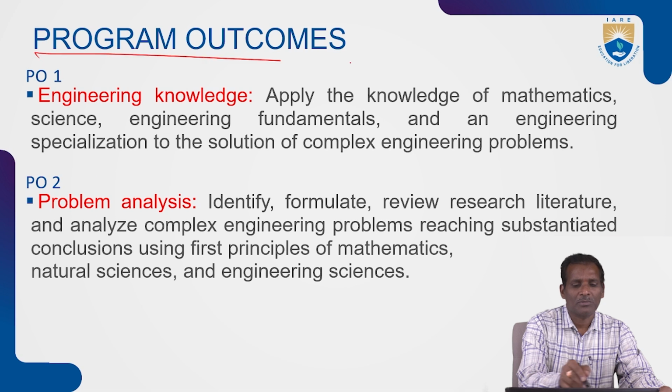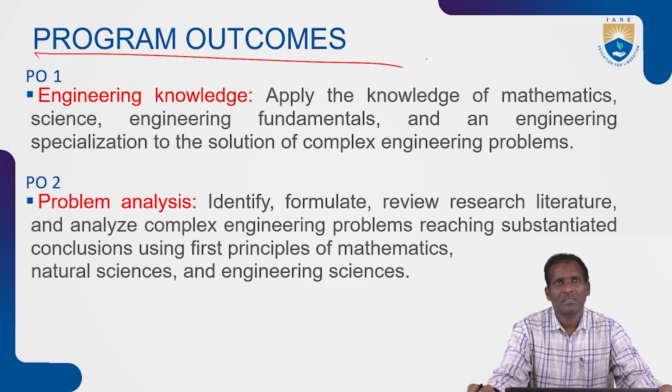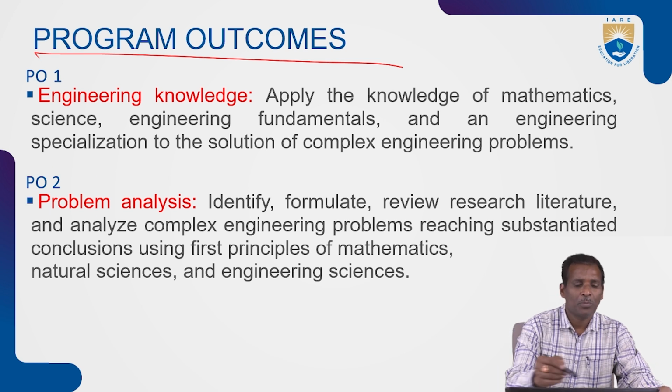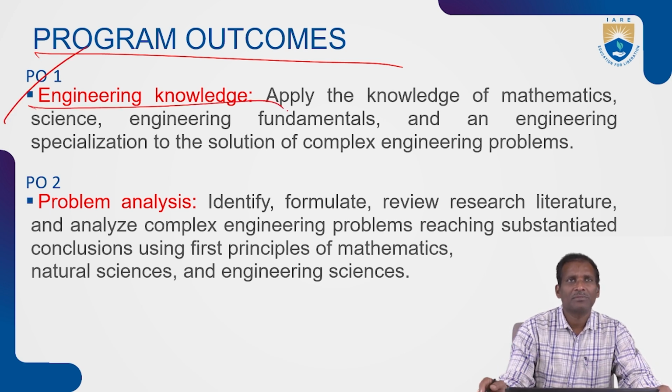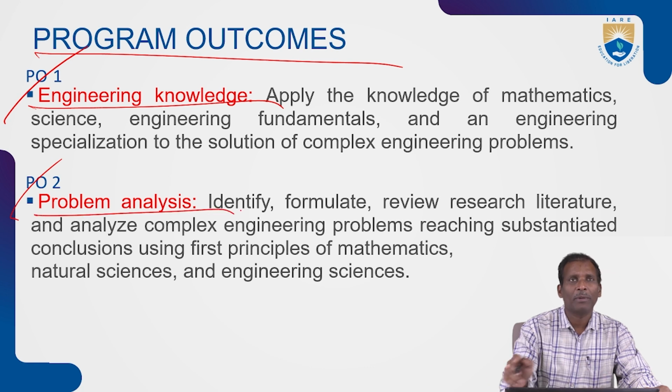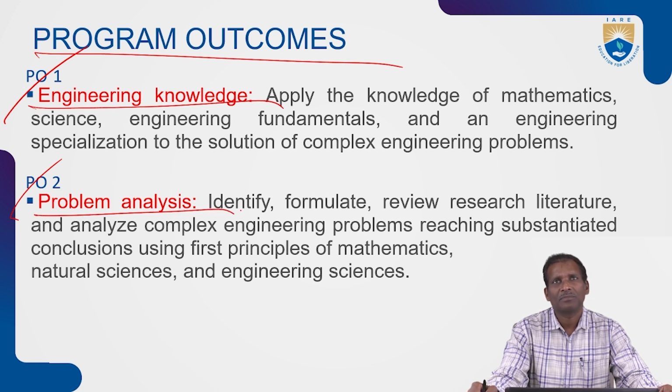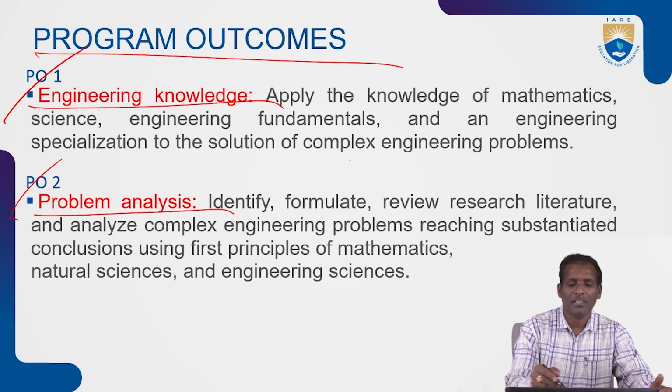Next, program outcomes. There are 12 program outcomes. PO1 is engineering knowledge and PO2 is problem analysis. Engineering knowledge means applying the knowledge of mathematics, science, and engineering fundamentals, which we have learned in previous classes, and the engineering specialization to the solution of complex engineering problems.